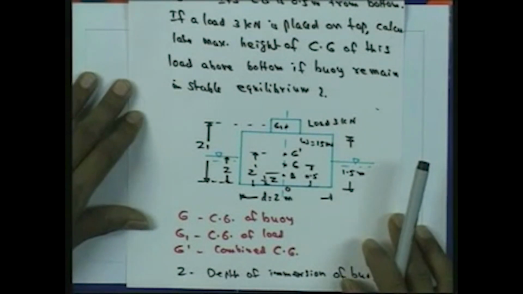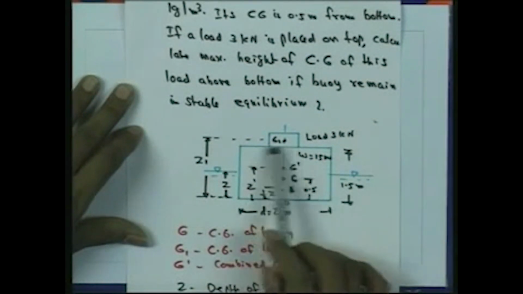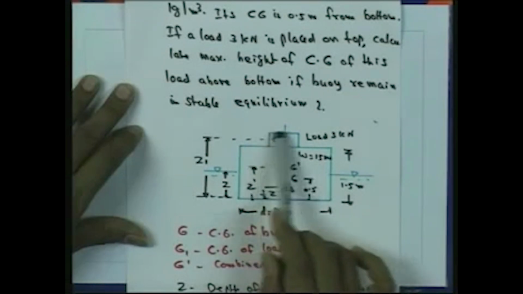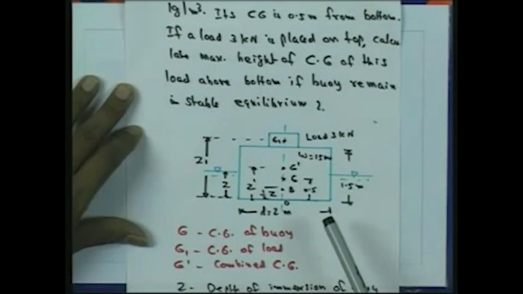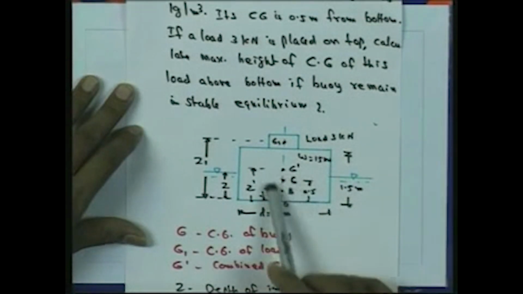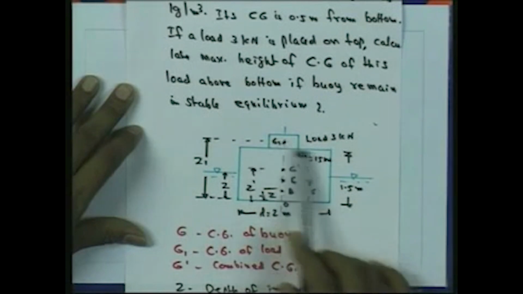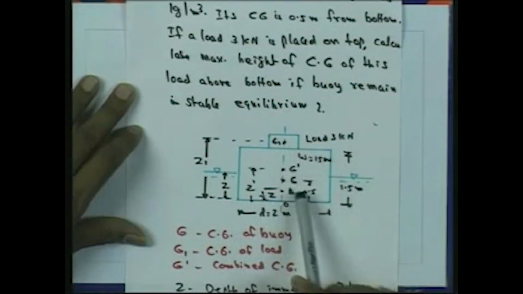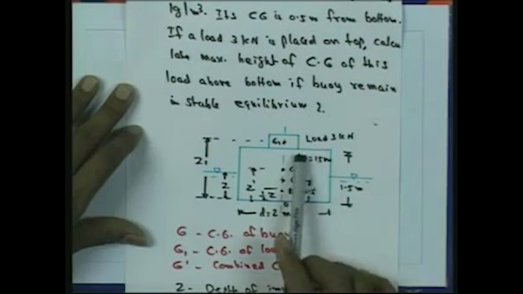Now we are placing a load of 3 kilonewton just at the center of the buoy, like this. A new load of 3 kilonewton is placed on the top. We want to calculate the maximum height of the center of gravity of this load from the bottom if the buoy remains in stable equilibrium. When we place the new load, the center of gravity will shift from G to G dash.